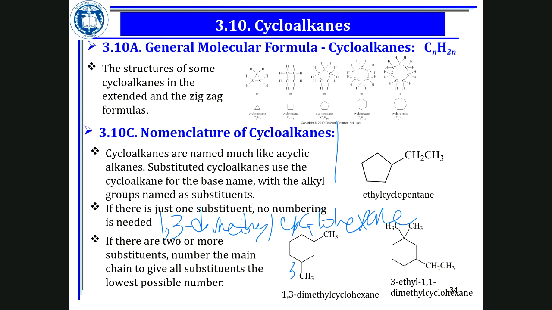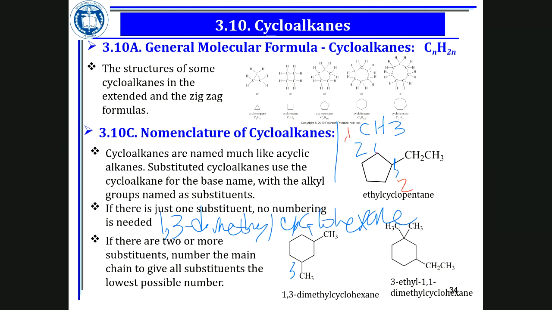If you have 2 branches, one is ethyl and one is methyl. Let's say I have a methyl group here. If I start numbering here, it's going to be 1 and 2. If I start numbering in this position, it's going to be 1 and 2. Which one is more desired? Methyl taking 1 or ethyl taking 1? Because if methyl takes carbon 1 here, then ethyl would take carbon 2.